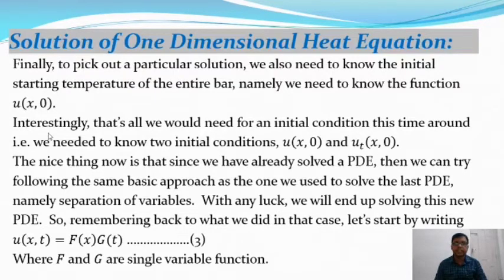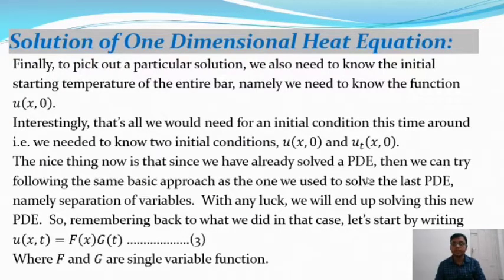Interestingly, the initial conditions of the one-dimensional wave equation are u of x comma 0 and ut of x comma 0, the first order derivative at the point x comma 0, where t is equal to 0.